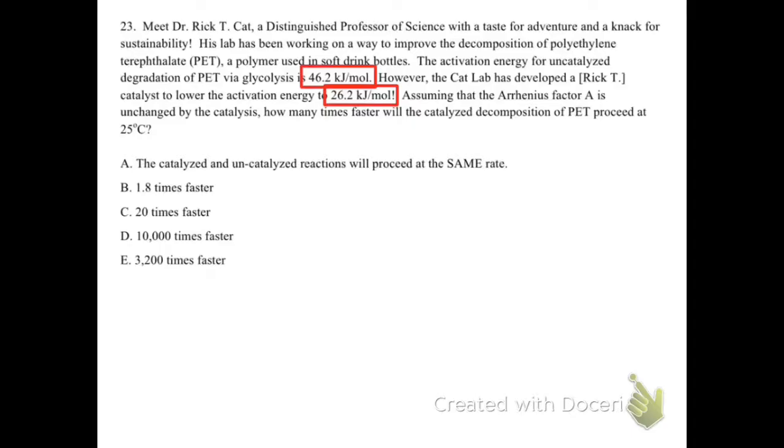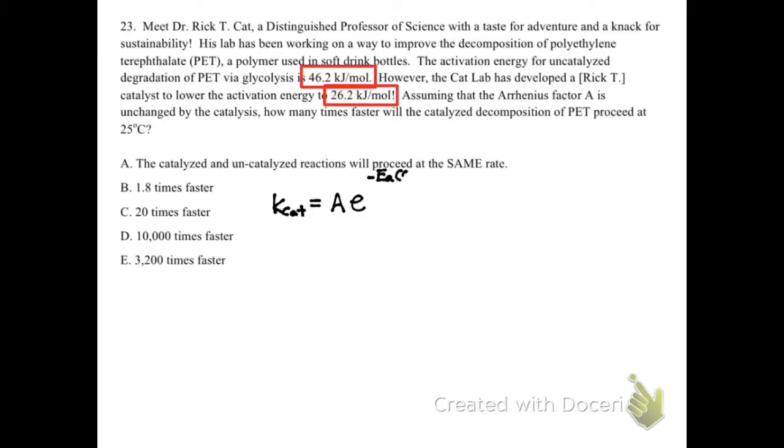And then what we're trying to do is see how many times faster the reaction will be with the catalyzed activation energy than the uncatalyzed activation energy at 25 degrees Celsius. So we're going to use this form of the Arrhenius equation. Our rate constant is equal to A, e to the power of negative activation energy.